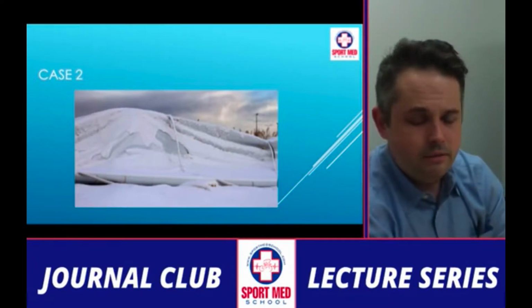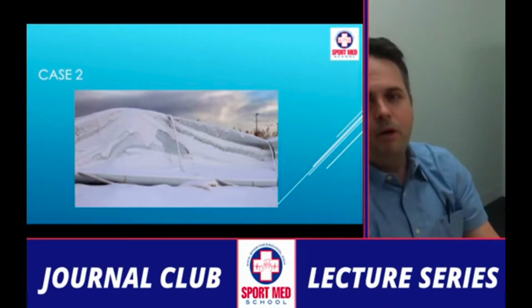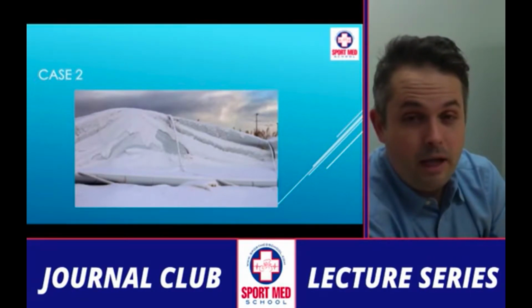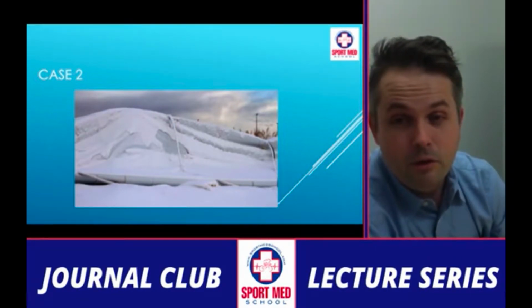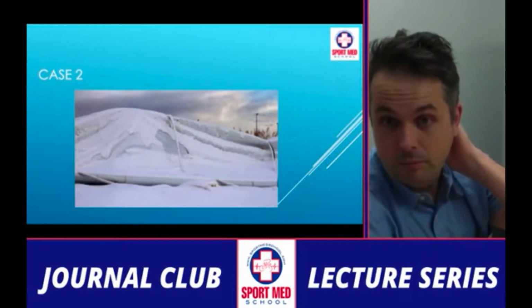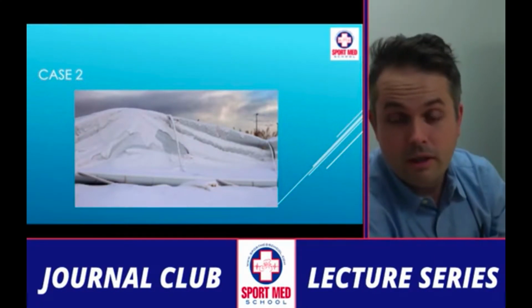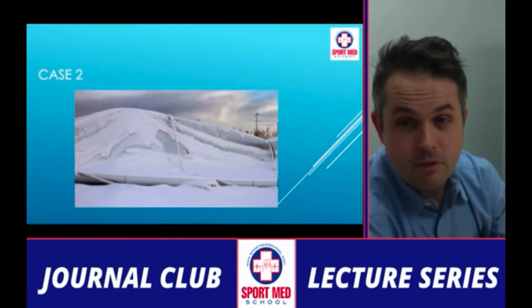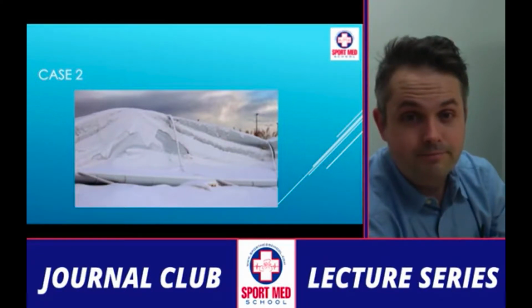So the idea of the case here is I want you to think about, first off, how you're going to access that area. You have at least 20 athletes and 3 coaches in there, as well as an athletic trainer. What kind of things are you going to want in terms of trying to assess the situation, what kind of personnel are you going to need, and who else are you going to need to call.